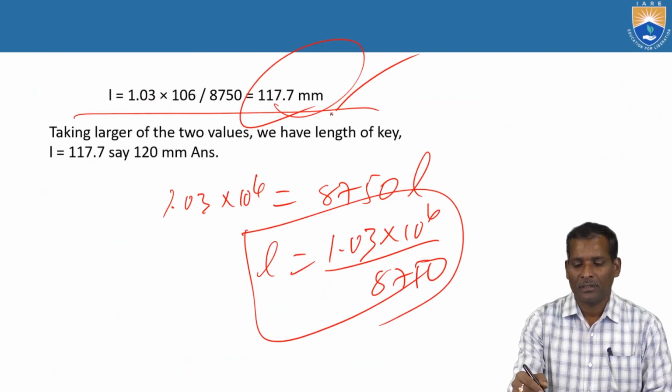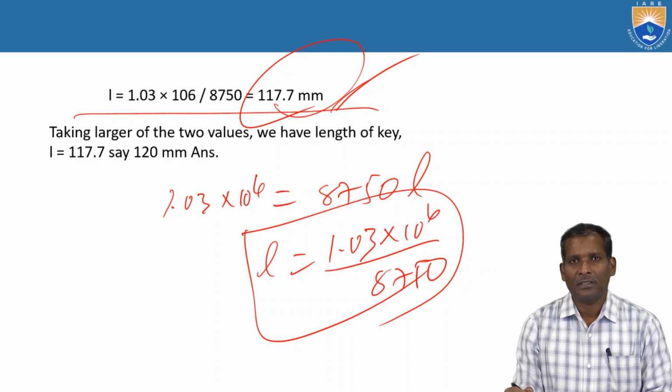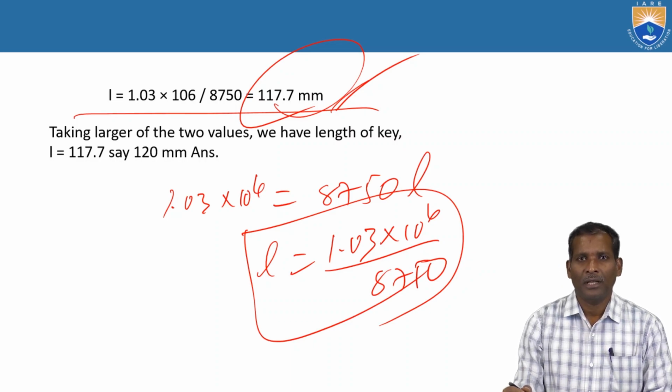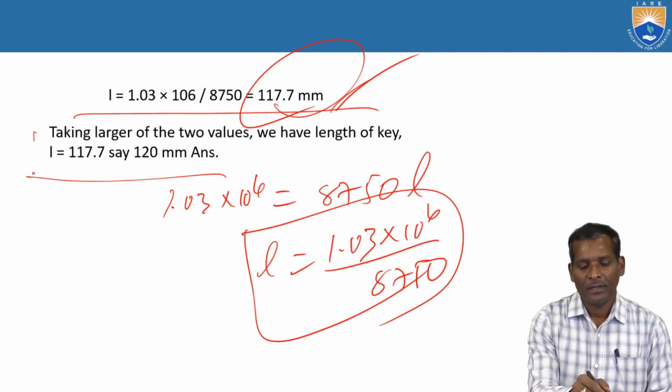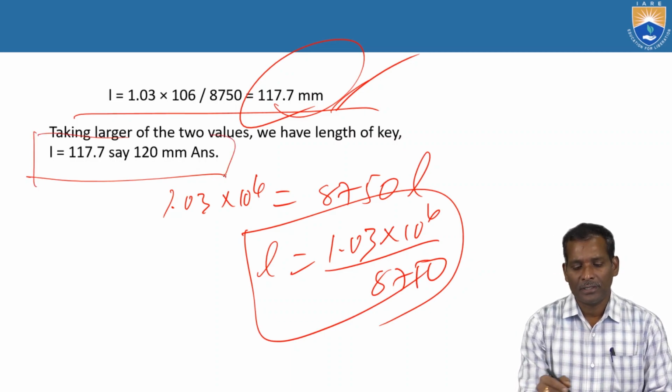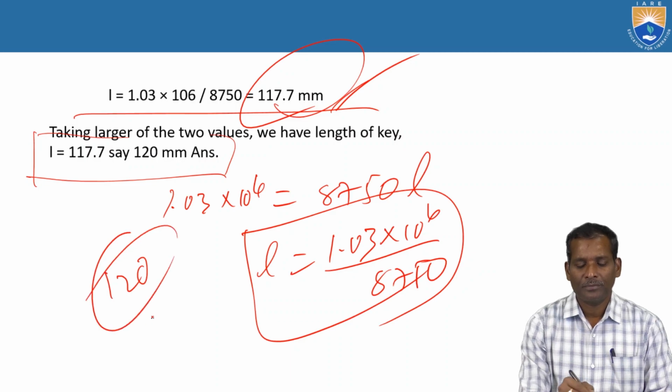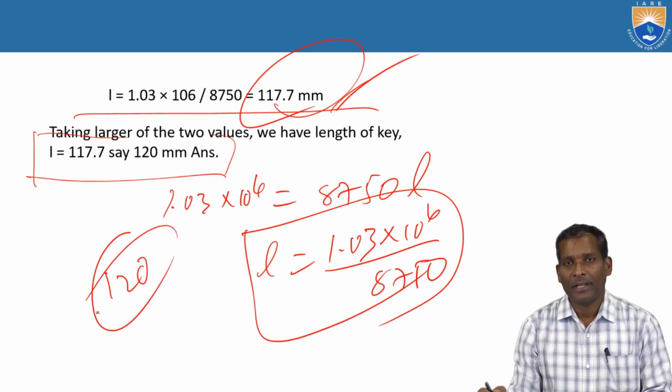So the larger one is this one, so you can fix this length as the final length of the key. For 117.7, the standard length of the key is 120 mm. So this is your final length of the key.